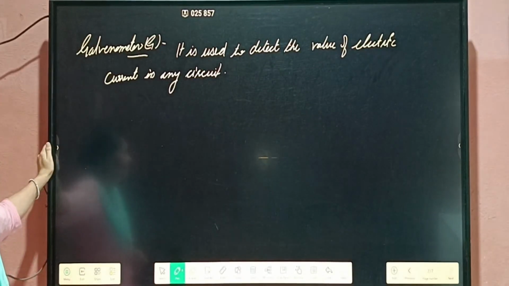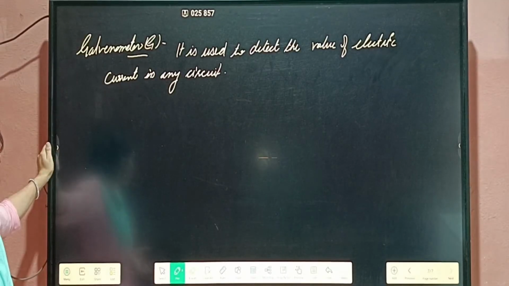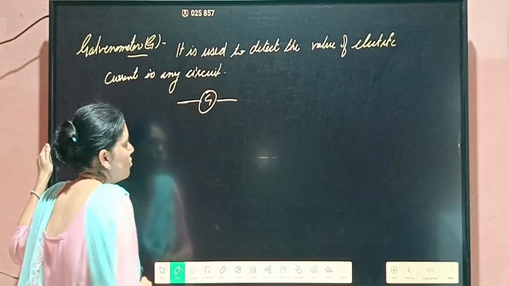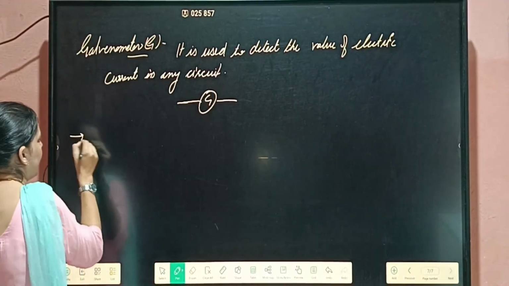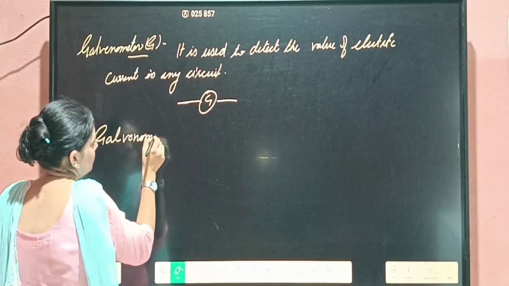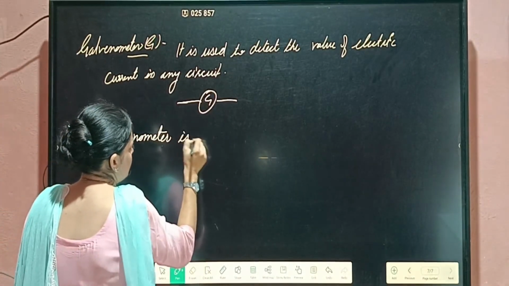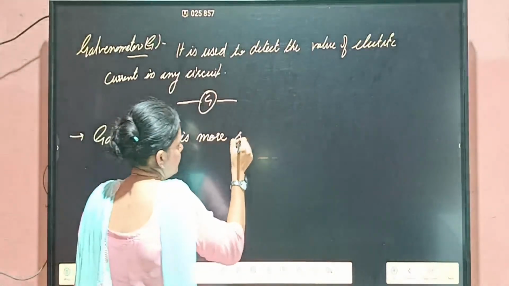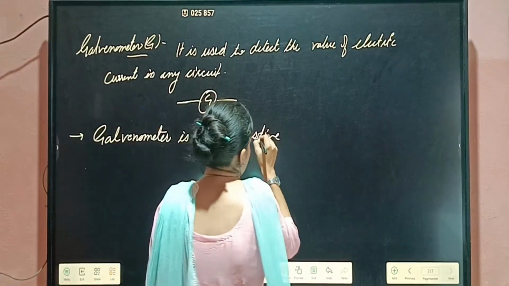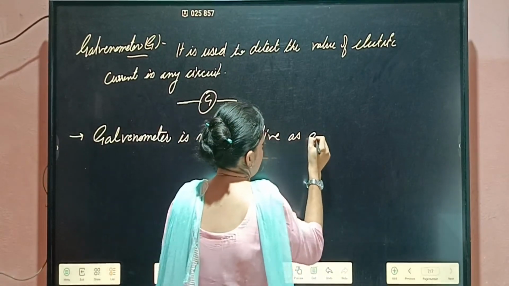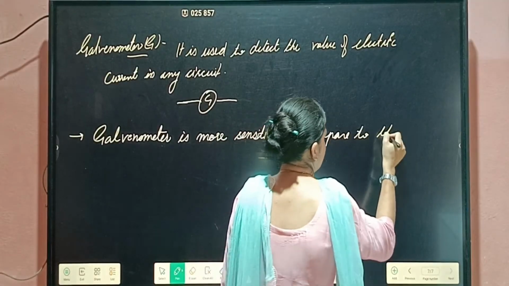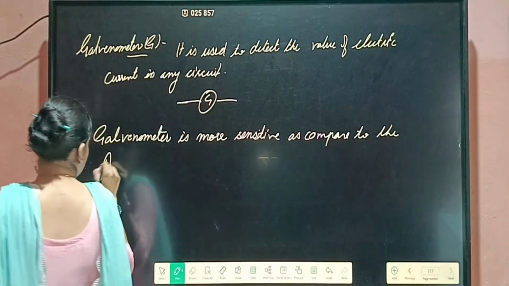The galvanometer is also used in series in our circuit diagram. Here we can write that the galvanometer is more sensitive as compared to the ammeter.